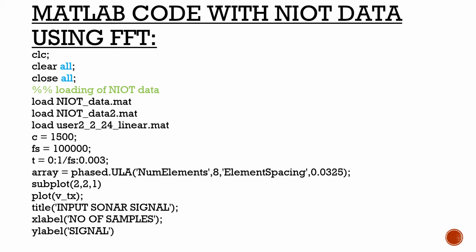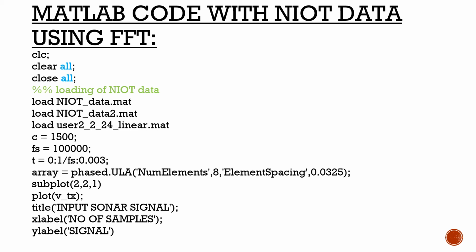In order to implement the code, first we need to simulate the environment. That is, we need to simulate the hydrophone array system. This is done using the command phased.ULA. phased.ULA is used to simulate a uniform linear array.